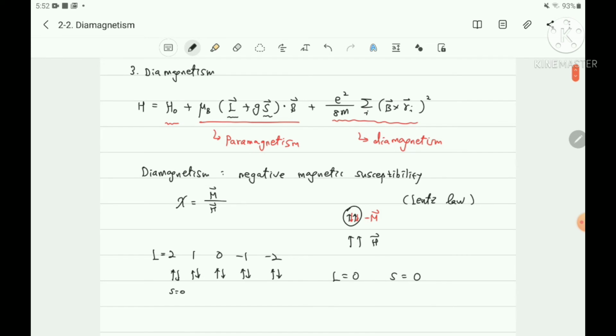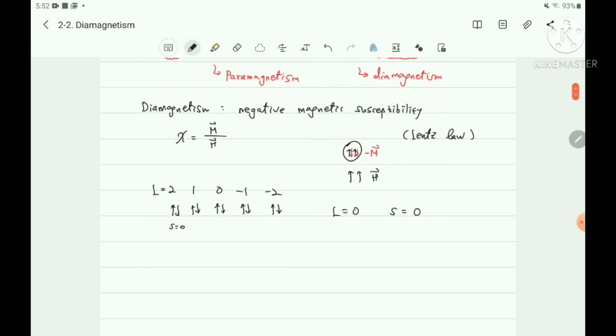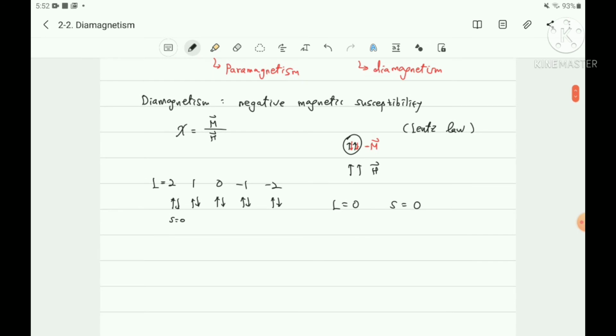Therefore, in the case of an entirely filled electronic shell, there is no paramagnetism term, because the orbital angular momentum and the spin angular momentum are 0. Therefore, diamagnetism is significant in the case of an entirely filled electronic shell, a totally occupied shell.